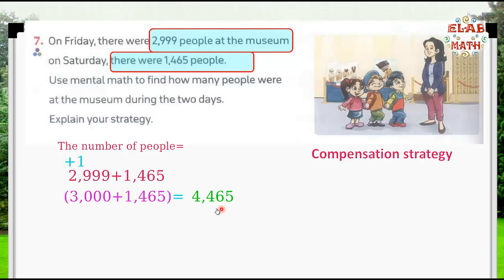We said after this step you should subtract the same amount you added from the sum. So you should write 4,465 minus 1 equals what? Equals 4,464.